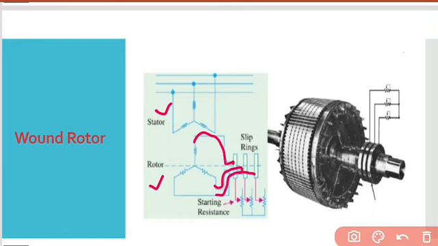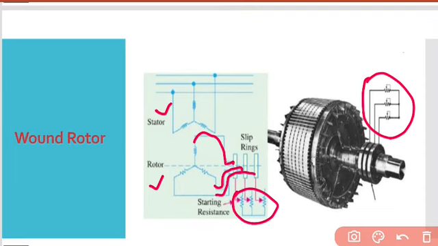The slip rings allow external resistors to be connected in series with the winding. These are the external resistors which are connected in series with the winding. You can see these things in this picture as well, so you can understand it better.